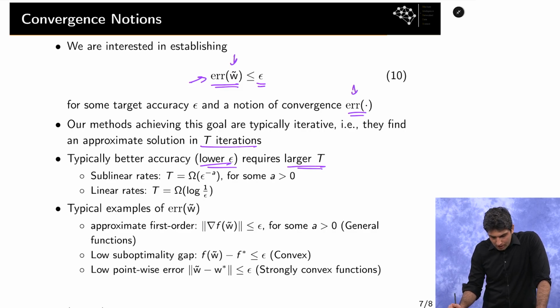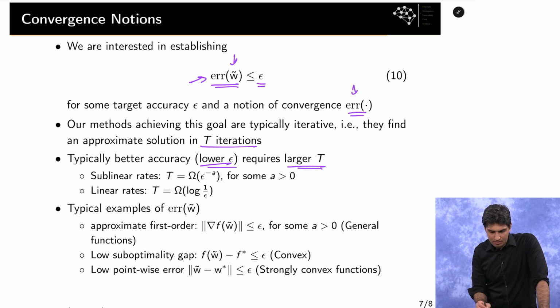Okay. Now, there is a terminology here when talking about convergence rates. So you can have sublinear rates and, let's say, linear rates. So these two are of more importance to us in this course.